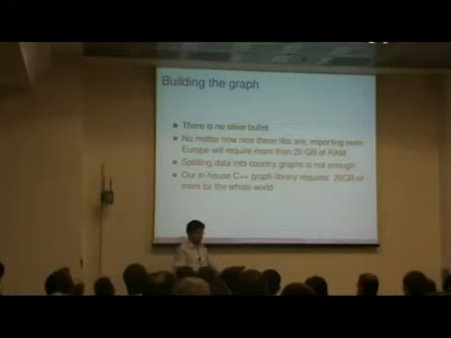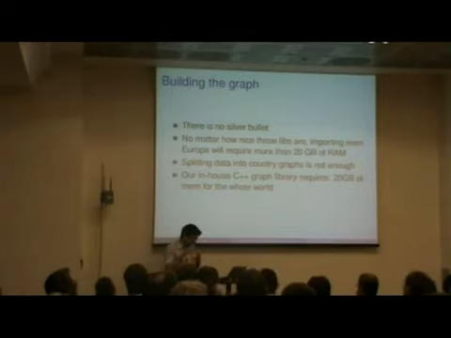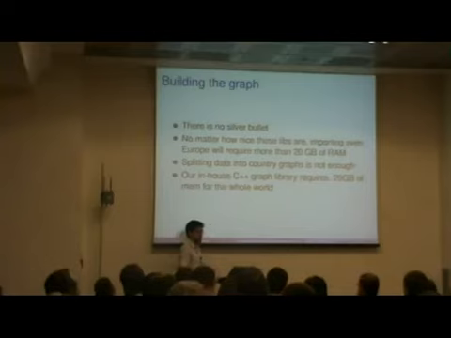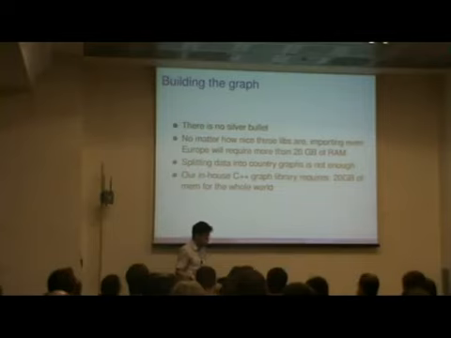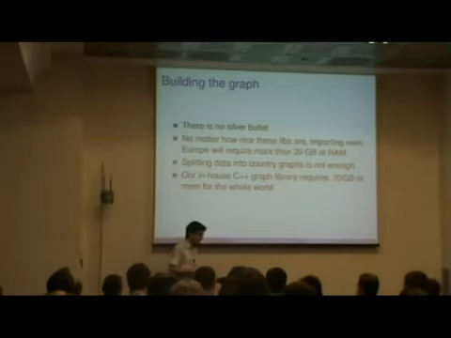It will help if your servers or your library are targeting the smaller communities. But if you want to do whole Europe routing, joining the graphs on the fly will get you in trouble because it's really, really slow.